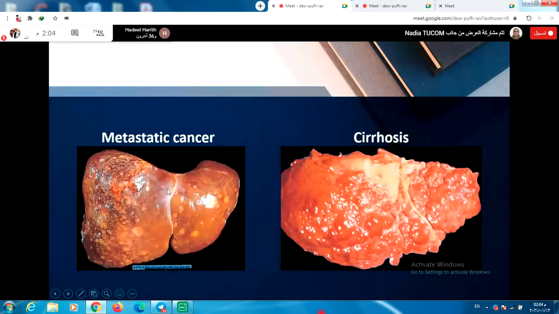Metastatic cancer, guys, there are gross appearances or even abdominal examination, especially in thin people.